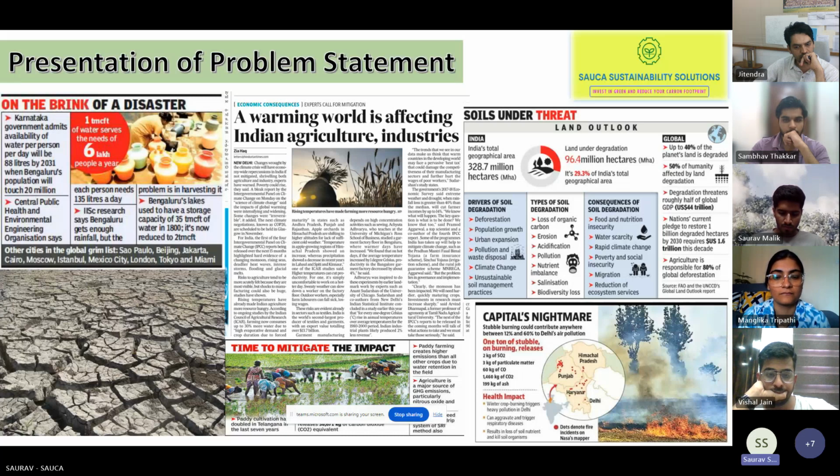Paddy cultivation emits a large amount of carbon dioxide, which induces climate change. And then the various kinds of crop residues contribute to the air pollution of the nearby vicinity of the top tier cities, and the health impact is very hazardous because PM 2.5 directly enters the lungs and damages the alveoli of the lungs, which can cause cancer after some later periods.